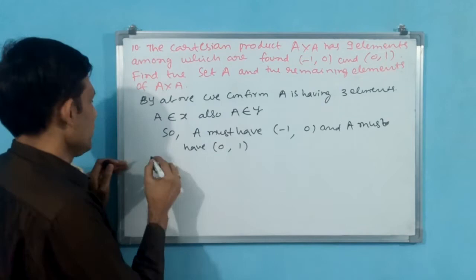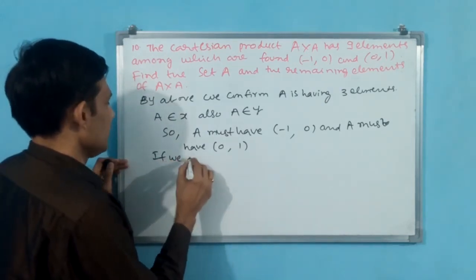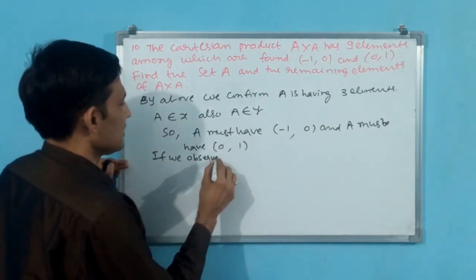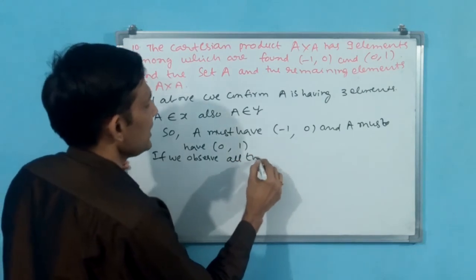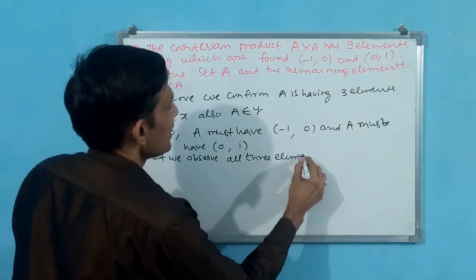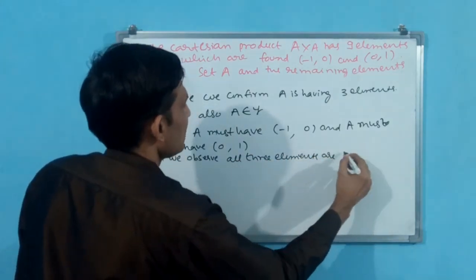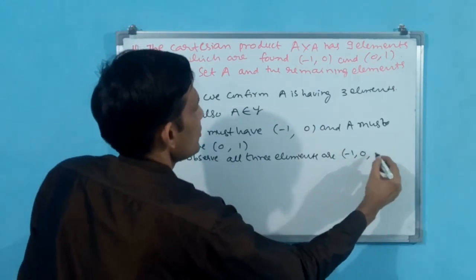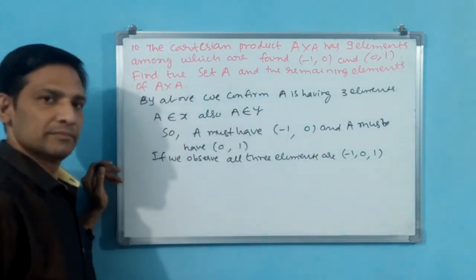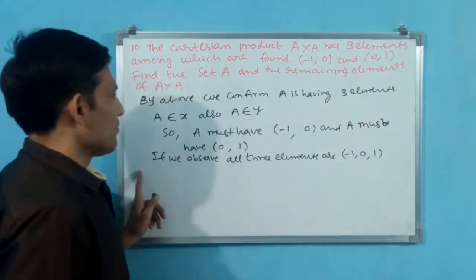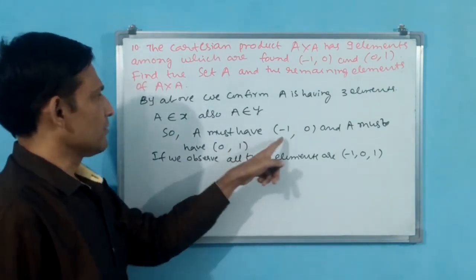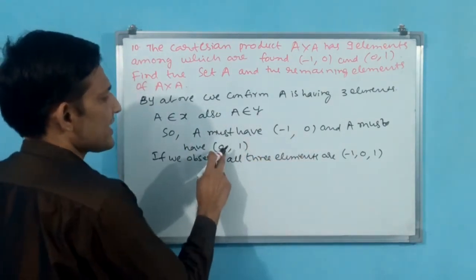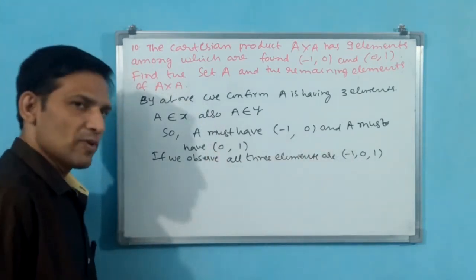Then if we observe, all three elements are -1, 0, 1. Why? Because 0 again has come. Okay, now it is over.